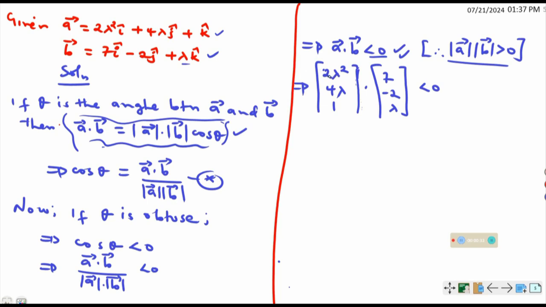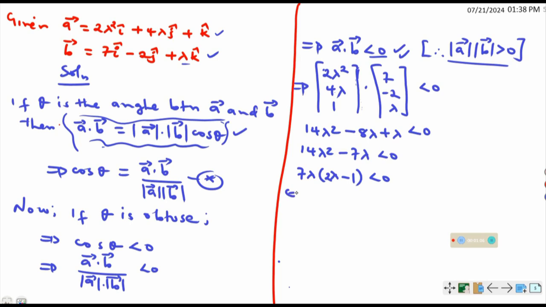So we shall have 2 lambda squared times 7, which is 14 lambda squared. 4 lambda times negative 2 is minus 8 lambda, and 1 times lambda is plus lambda, and this should be less than 0. This is 14 lambda squared minus 7 lambda less than 0. So we can factorize out 7 lambda, and we remain with 2 lambda minus 1 less than 0.